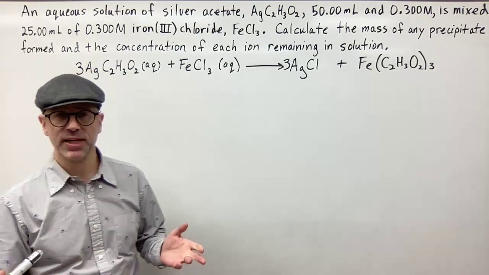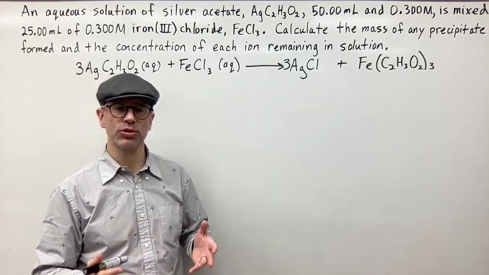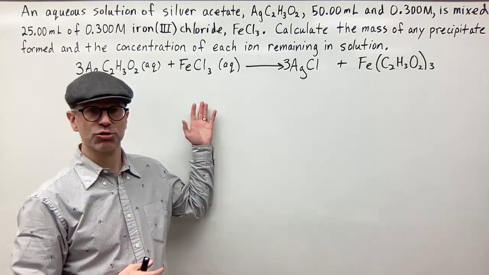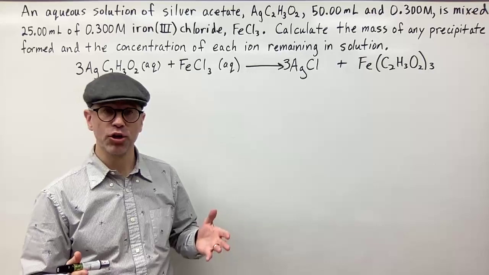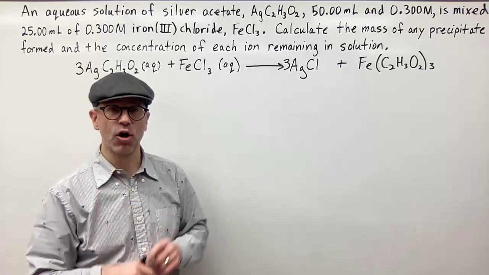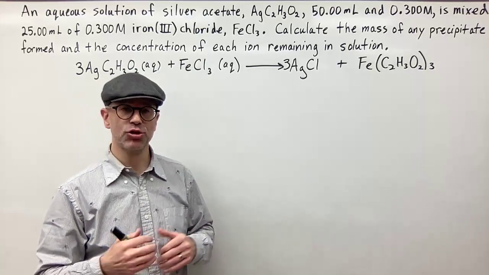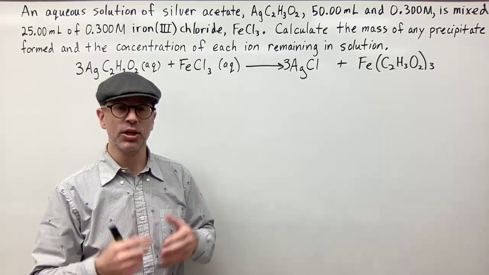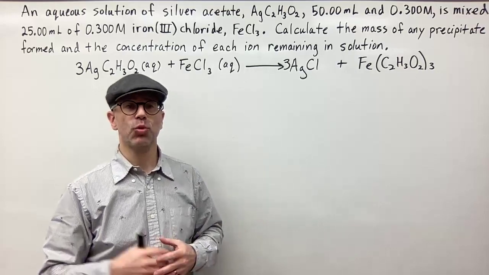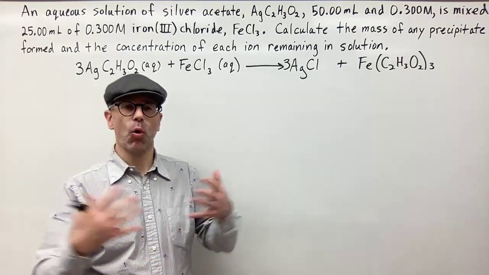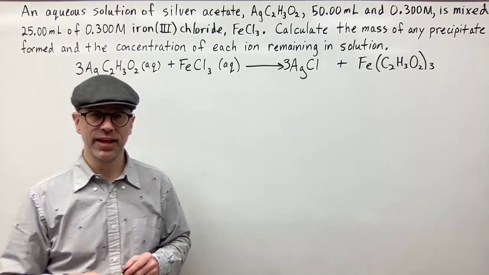Okay, last, we need to figure out whether we have a precipitate or not, because if we don't have a precipitate, that'll make the problem easier. All we need to do is calculate the moles of each ion from the original solutions and then divide by the new volume after you've added the volumes together. In this problem, we're going to assume that the volumes are additive, meaning that when you add 50 milliliters to 25 milliliters, the total is going to be 75 milliliters rather than something less than that.